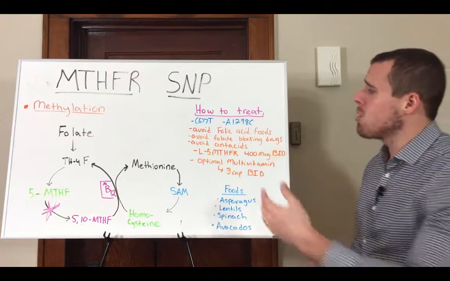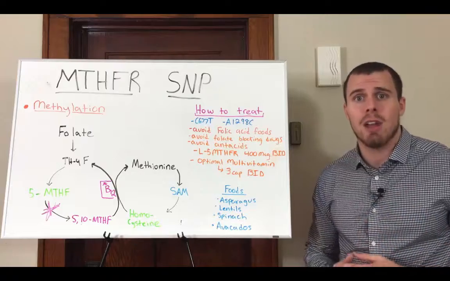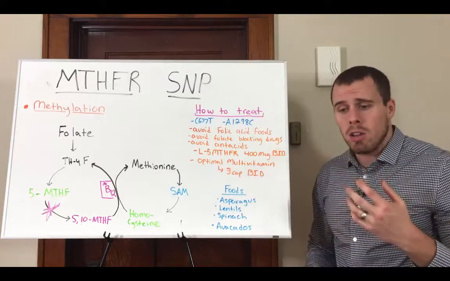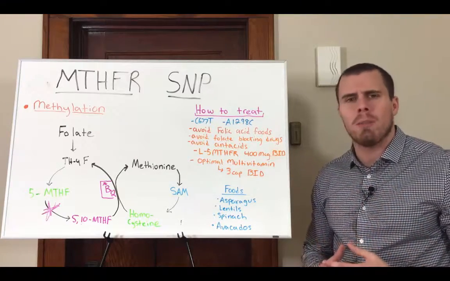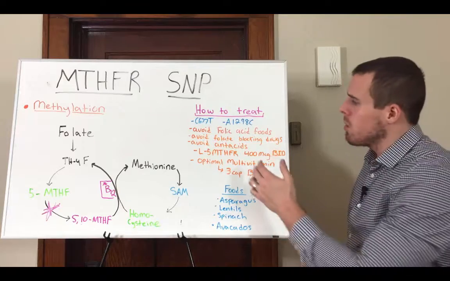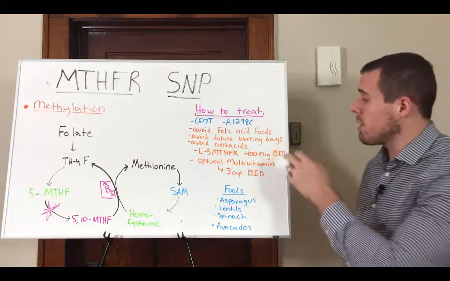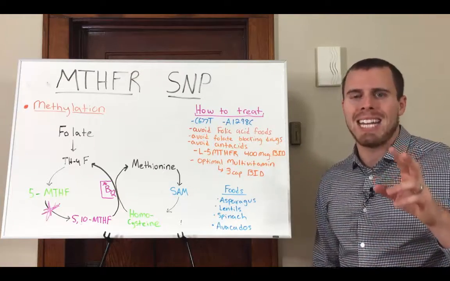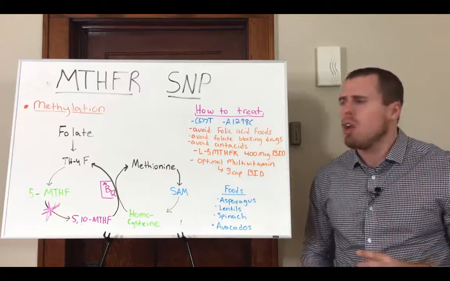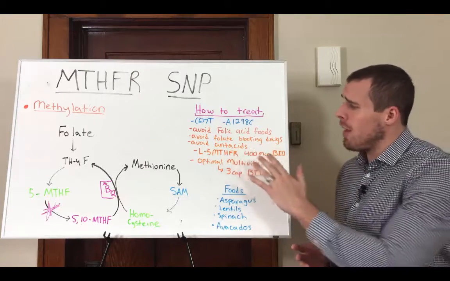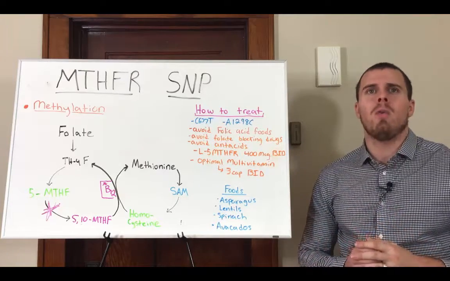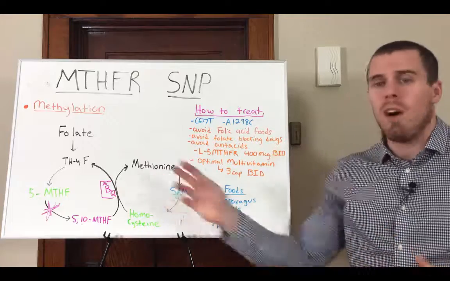And then, back to where I talked about taking in our folic acid: if we are worried or concerned about methylation, what I like is L5-MTHFR. I'll take 400 milligrams BID, which is 2 times a day. The thing with L5-MTHFR is that it won't hide B12 deficiency.